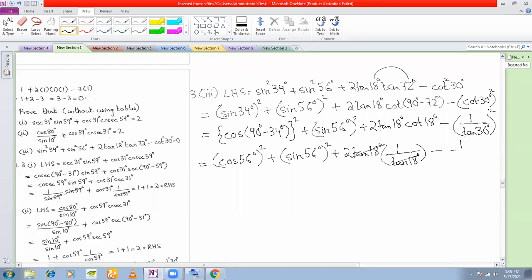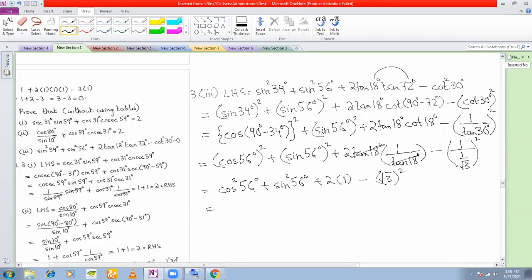And what is the value of tan 30 we know? We know the value of tan 30 as 1 by root 3, square. So now what are we getting? Cos square 56 degrees plus sine square 56 degrees plus 2 into, because tan has cancelled, you get 1 here, minus, and 1 by root 3 is simply root 3 square.